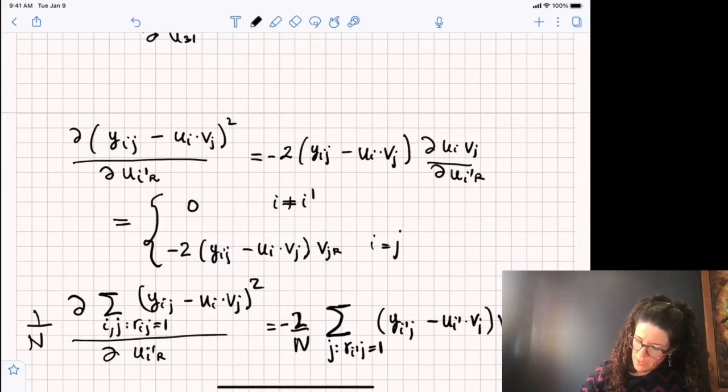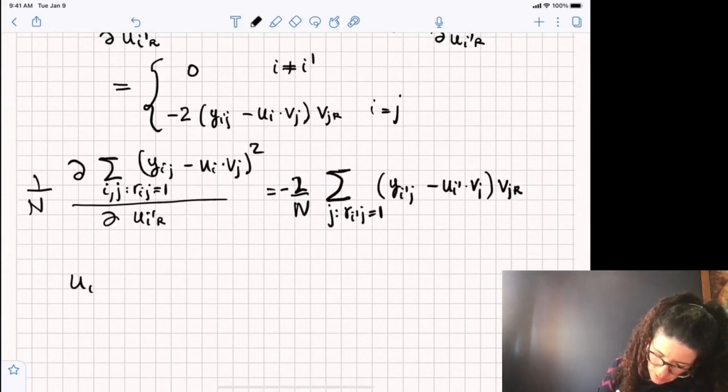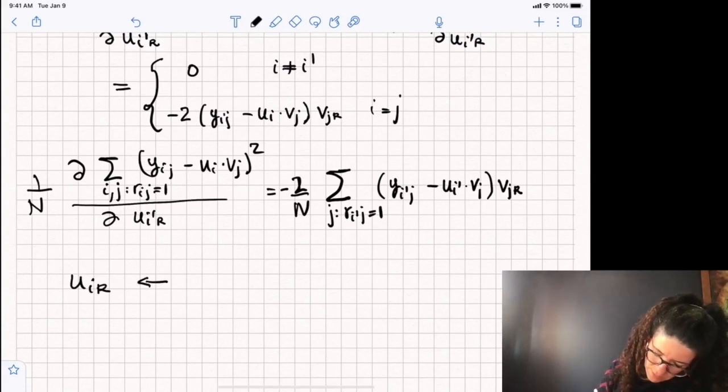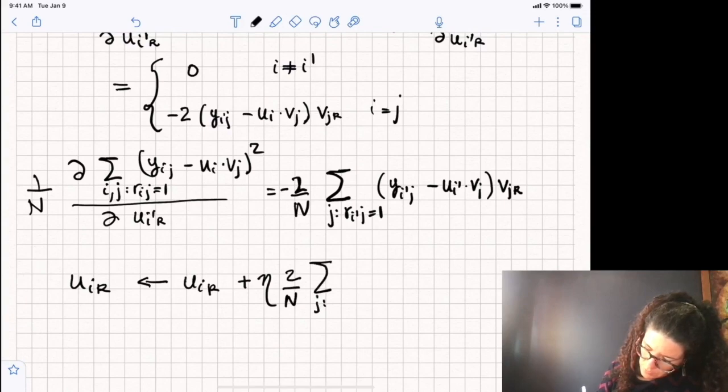Finally, if we think about the formula for uik, notice that I'm putting i instead of i prime here: uik becomes uik plus, because we have minus the learning rate times the derivative, the learning rate times 2 over n, the sum over j such that rij equals 1 of yij minus ui times vj, times vjk.